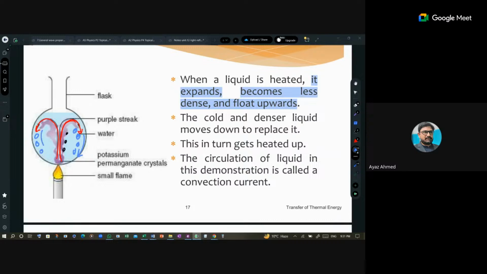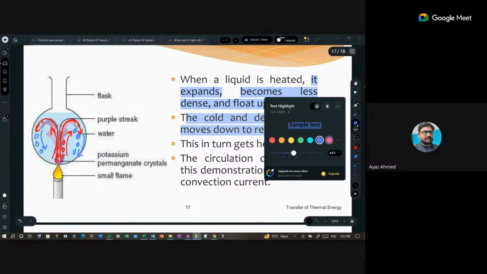And those molecules which are receiving energy move apart and move upward. So hot molecules get energy and move up, and cold molecules move down. So in this way, you know what happens? A bulk movement of particles is started. The cold and denser molecules move down, they replace it.